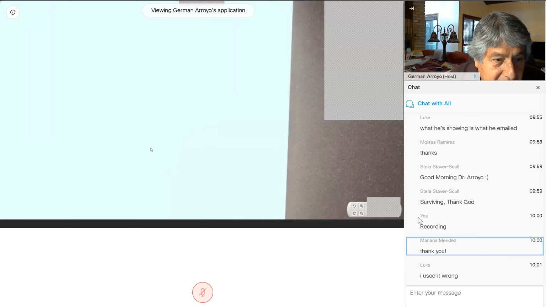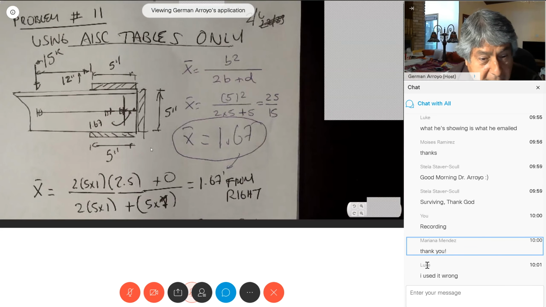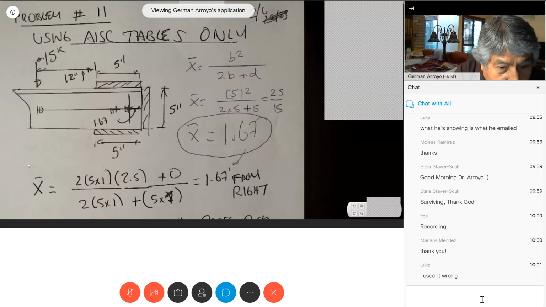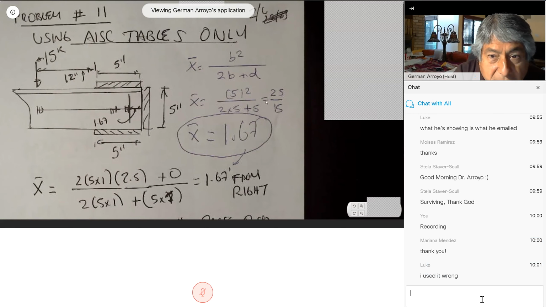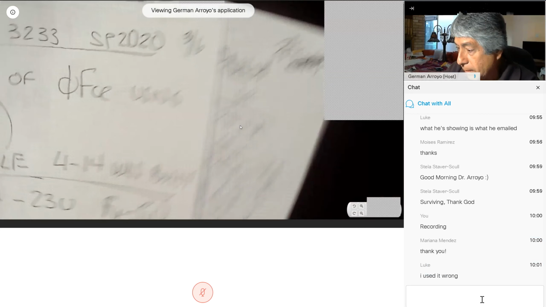This is the same problem that I worked yesterday. And by hand, I did this computation, 1.67. This is the formula, case 5. And case 5 gave me exactly the same value. So, okay, oh, I should have known. Okay.